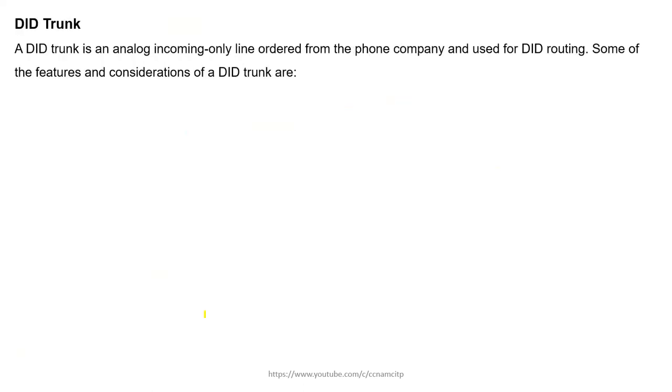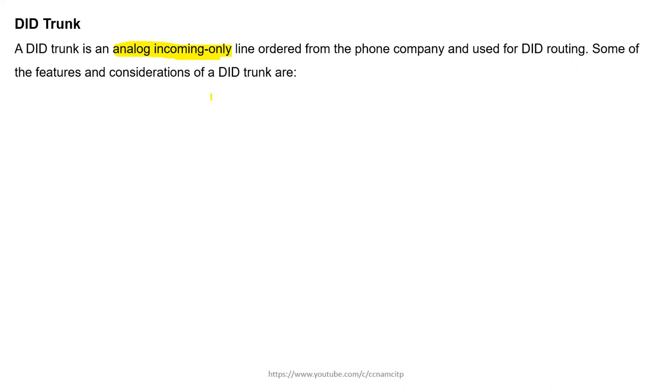The next one is DID trunk. A DID trunk is an analog incoming only line ordered from a phone company, used for DID routing.